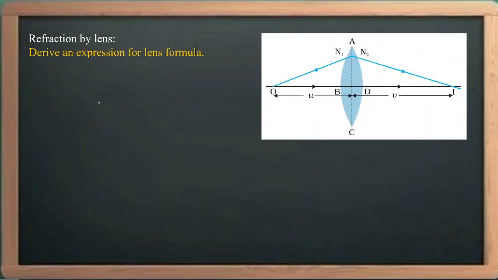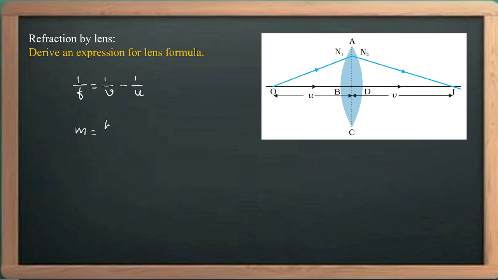So then we have the lens formula. The lens formula is given by 1 by f is equal to 1 by v minus 1 by u, because object distance is on the left side, image distance is on the right side, and for a convex lens we take f as the focal length. Here I can give the magnification formula also.